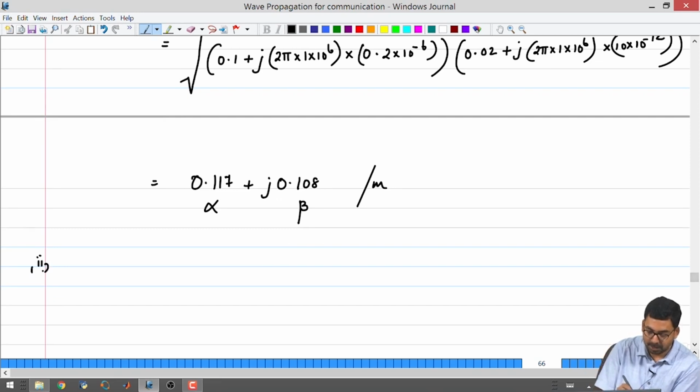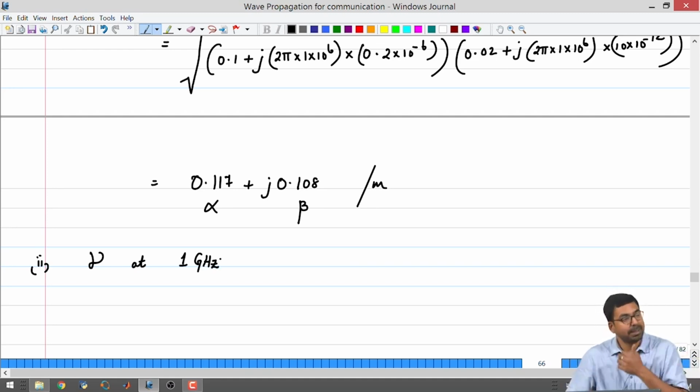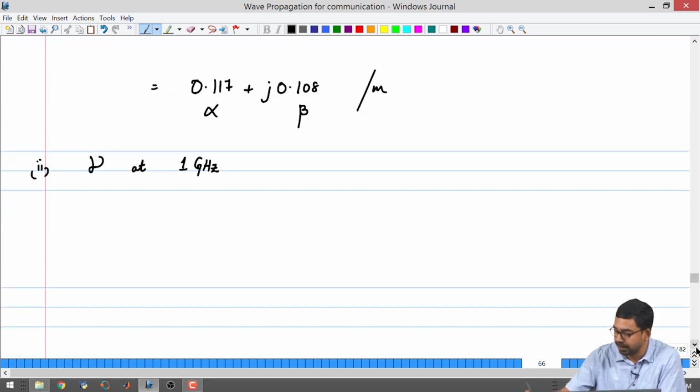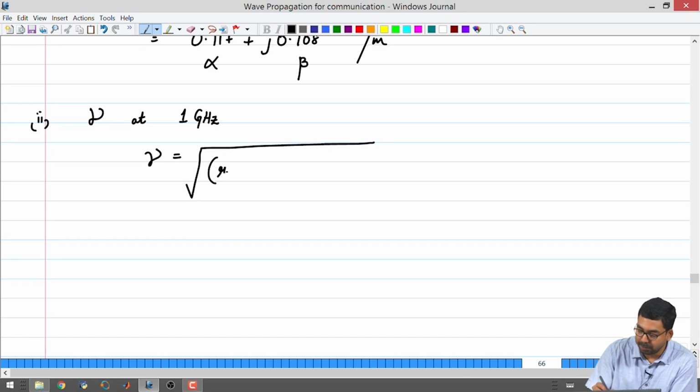the propagation constant at 1 gigahertz. Assuming that all the parameters are fixed, it is an assumption, in practice it may not be so, but assuming that R, L, G, C are frequency independent and I just change the frequency, I will have gamma as the square root of (R plus j omega L) times (G plus j omega C).